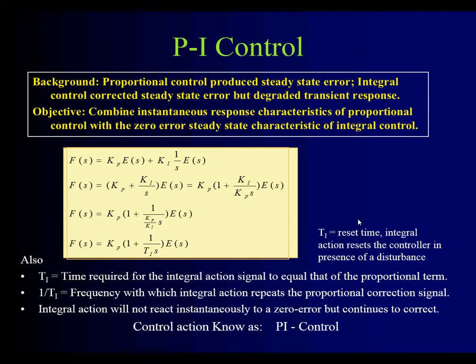But we want to combine the instantaneous response characteristics of proportional control with the zero error steady state characteristics of integral control. And this is what you'll have. See, you have proportional control here, and then you have the integral control here.